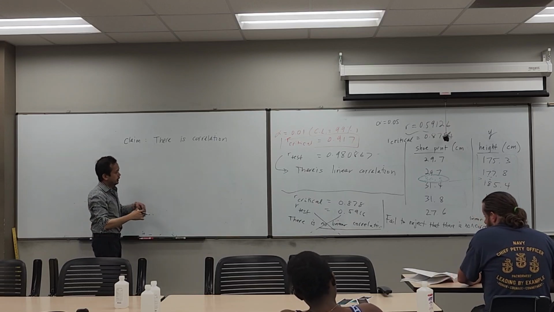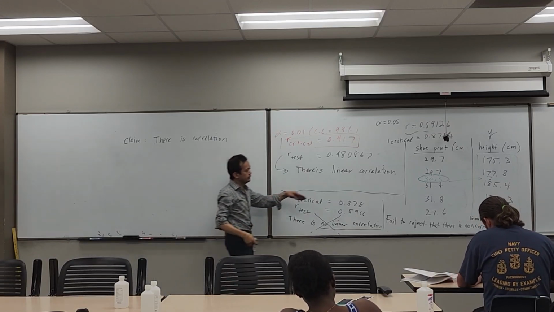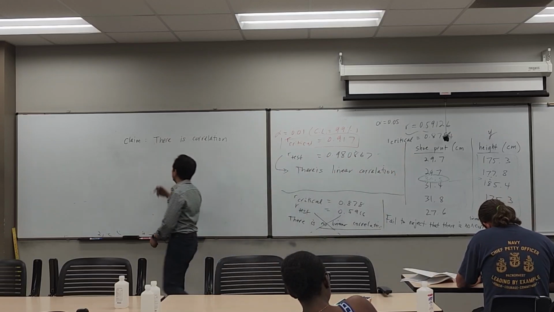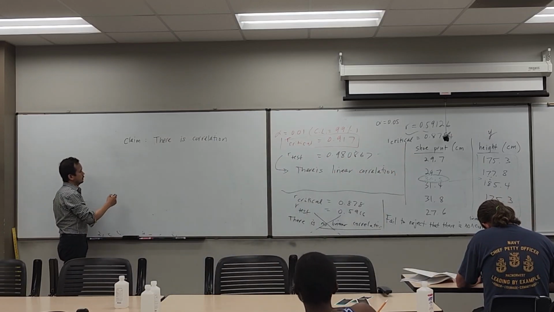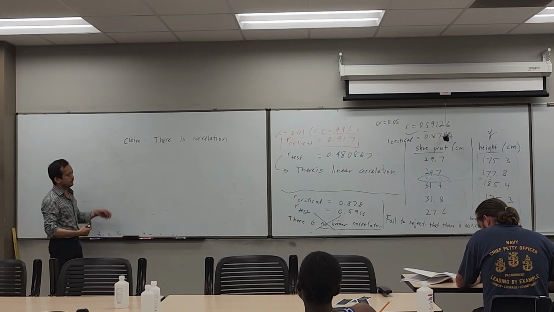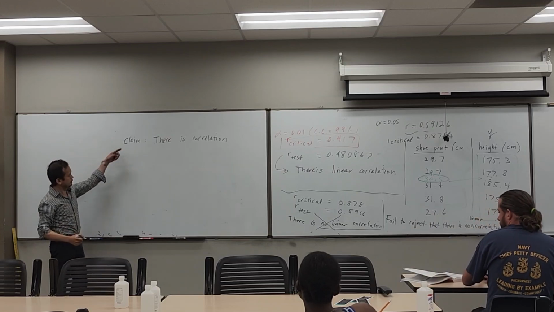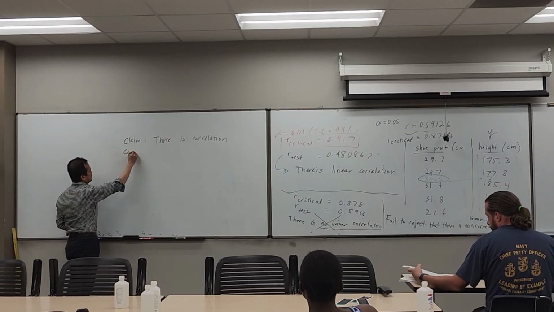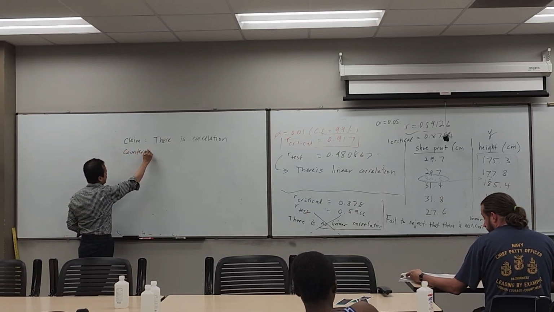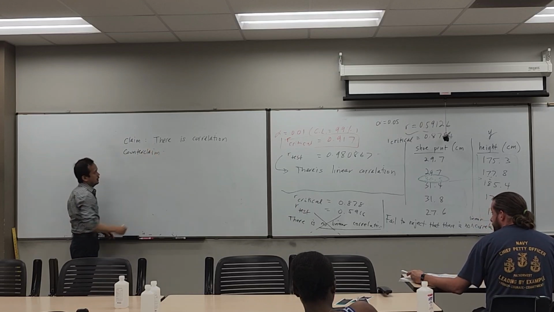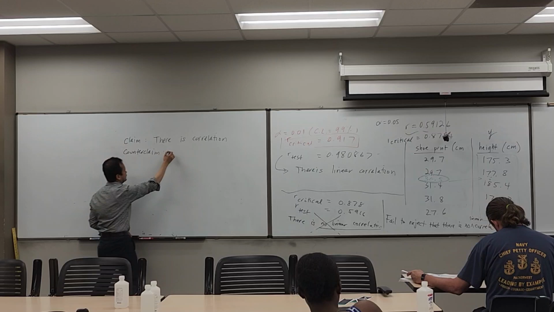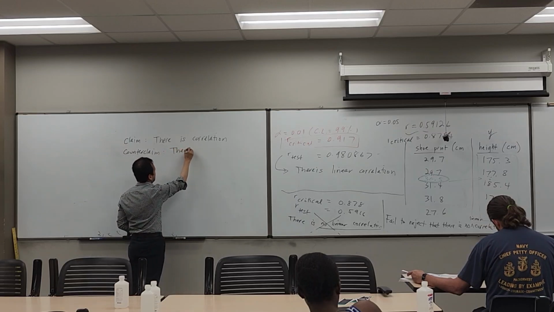And then we have an observation in the form of these 5 sample data points to try to substantiate the claim. So the next step of hypothesis testing is we're going to identify the 2 statements, H0 and H1. So we'll introduce the counterclaim. Counterclaim is the opposite statement. So what's the opposite statement to this? There is no correlation. Okay, good. There is no correlation.